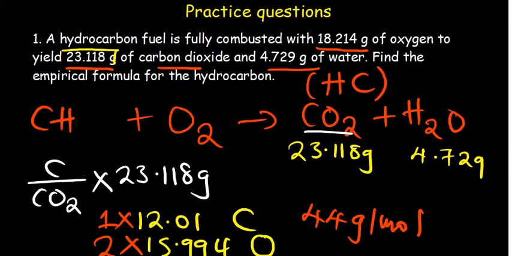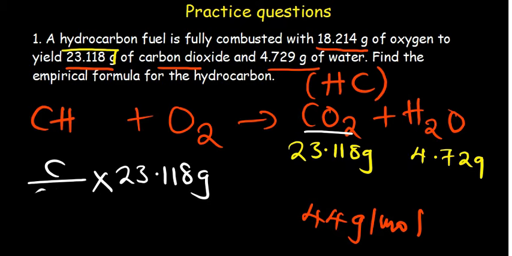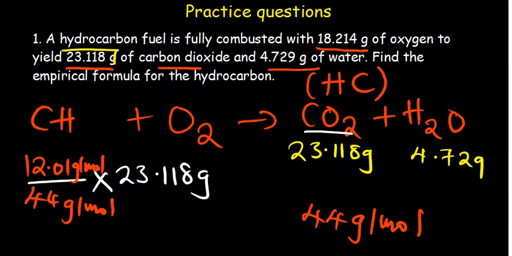So we can substitute now. On the bottom where we have carbon dioxide, we put 44 grams per mole. On top where there is just a carbon, we put 12.01 because that is the molar mass of carbon from our periodic table. Now you realize that the units are the same, so the grams per mole cancel out.